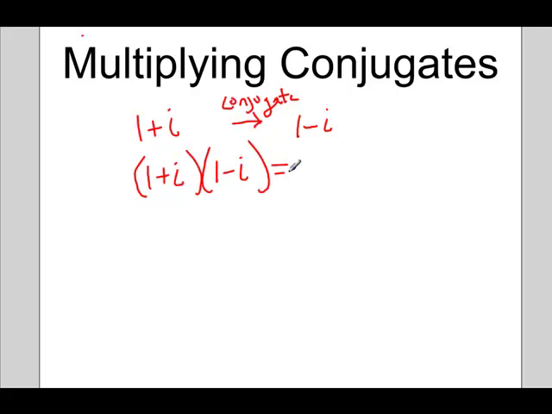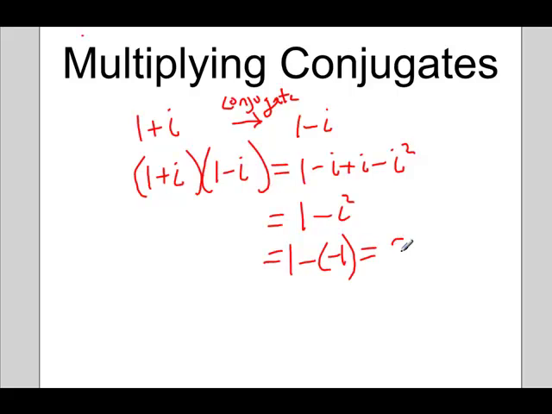First is 1, outer is minus i, inner is plus i, and our last term is minus i squared. That is 1 minus i squared. Well, i squared is negative 1, so it's 1 minus negative 1, which is equal to 2.